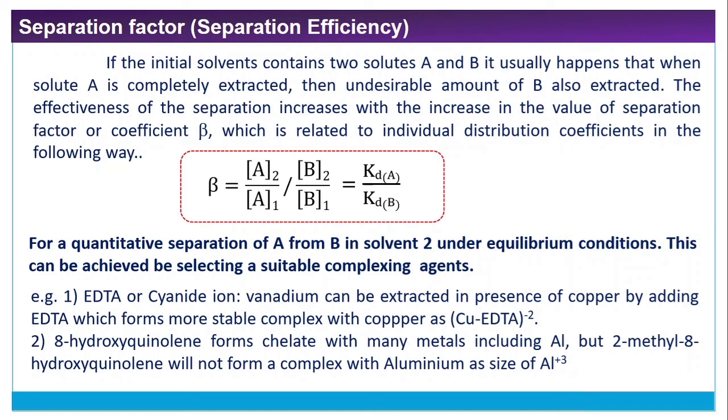The second example: 8-hydroxyquinoline forms a chelate with many metals, including aluminum. But 2-methyl 8-hydroxyquinoline, a derivative of 8-hydroxyquinoline, will not form a complex with aluminum because the methyl group does not permit enough room for three molecules of the complexing agent to form a complex with the small-sized aluminum 3+ ion.